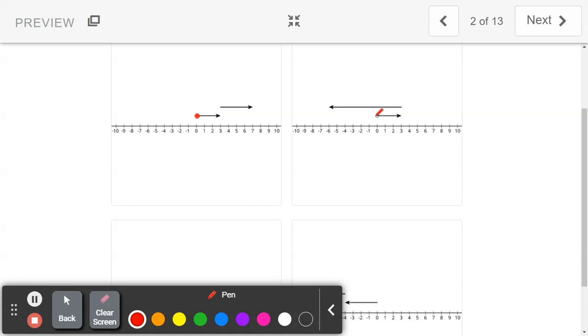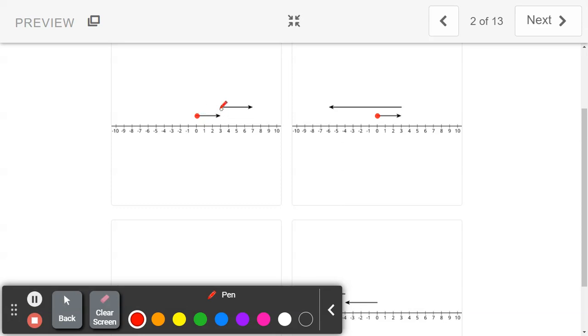The end that doesn't have the arrow shows you where that particular line starts. And if we look at all of these, they start at 0, or they have a line that starts at 0.